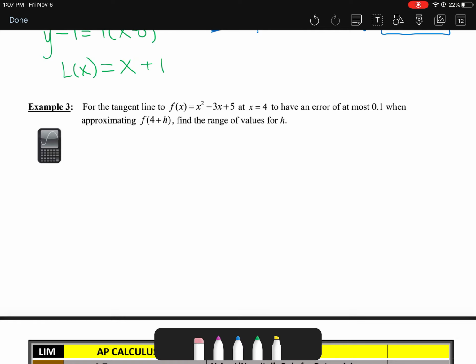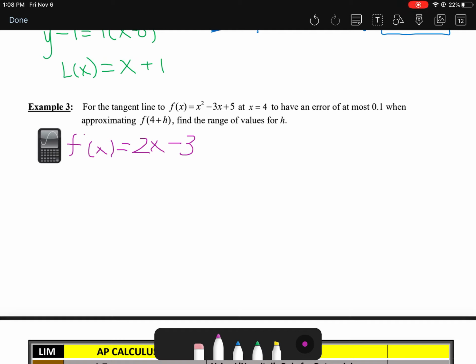Okay, well, again, I'm going to start kind of the same process I did for example 1, example 2. So I'm going to find the derivative, if my pen wants to work. So if I'm looking at that derivative, I know that is 2x minus 3.